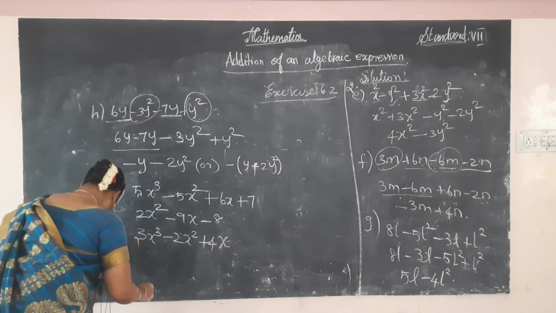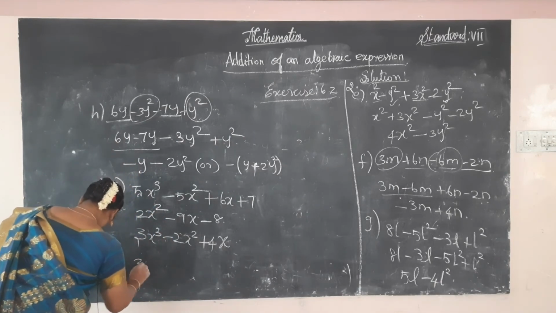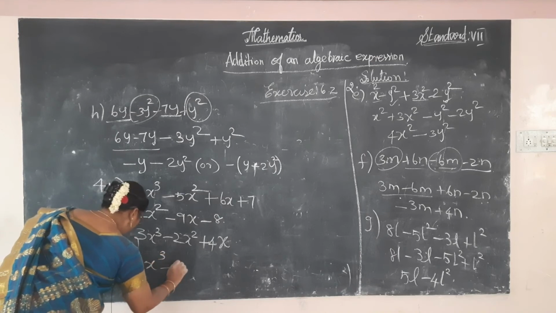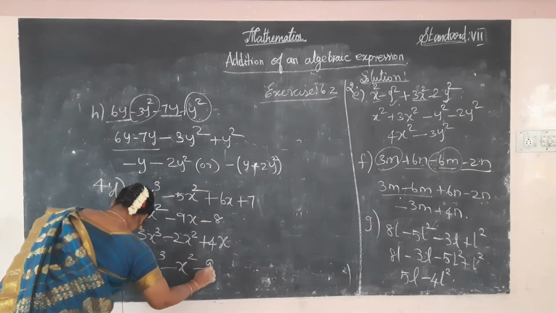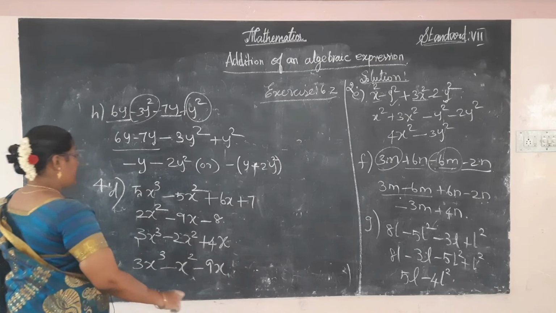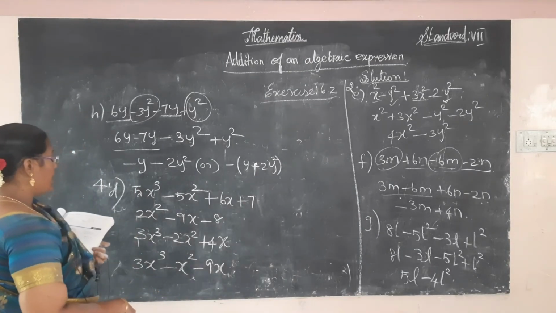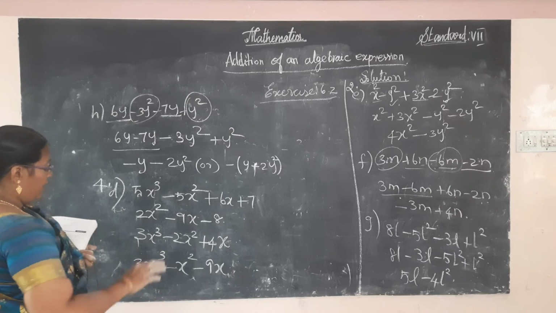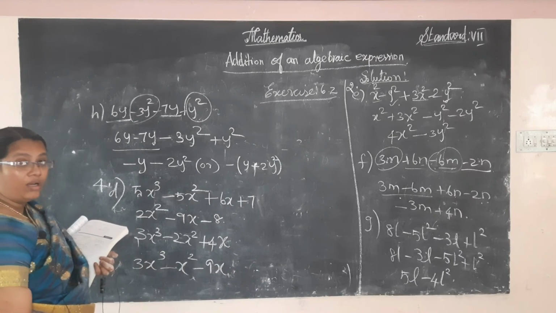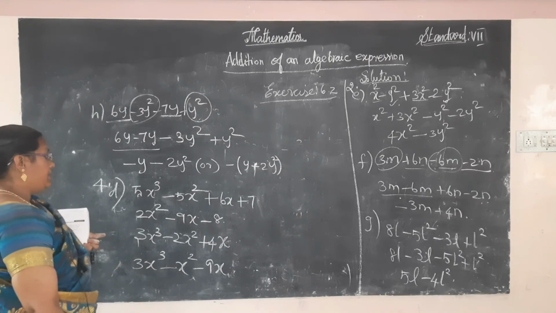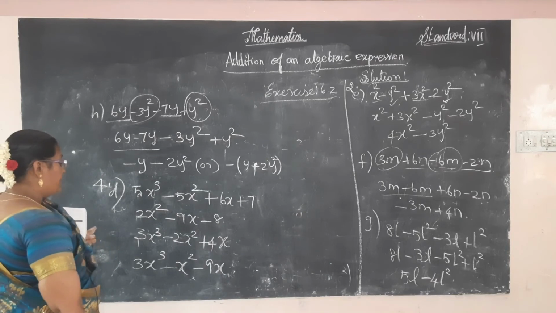This also we have arranged. And the fourth algebraic expression is 3x power 3 minus x squared minus 9x. So first we have arranged in descending order.